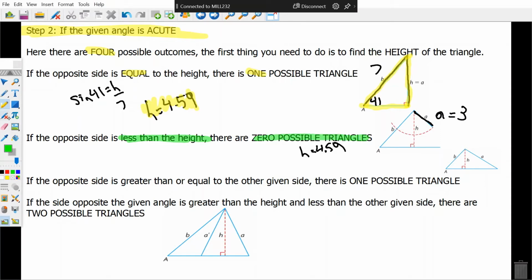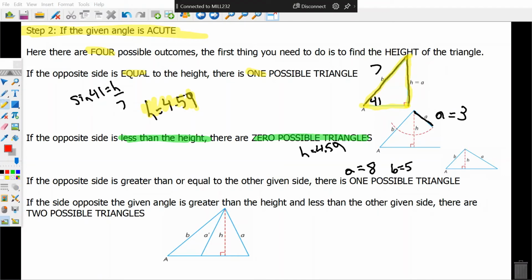Okay? The third possibility is if the opposite side is greater than or equal to the other given side, there is one possible triangle. So what that means, let's say that side length B on this diagram here was 5 and side length A was 8.